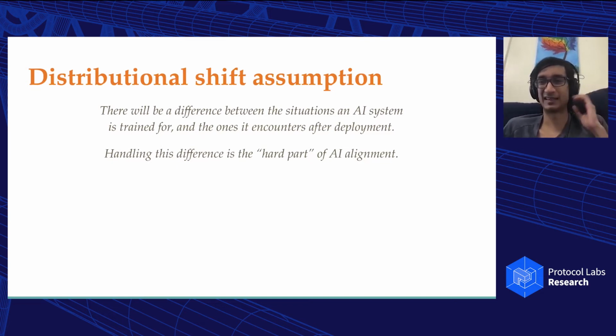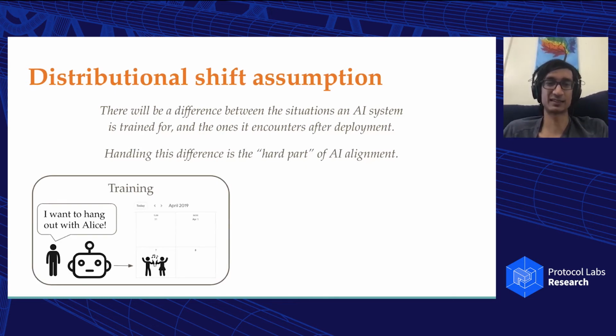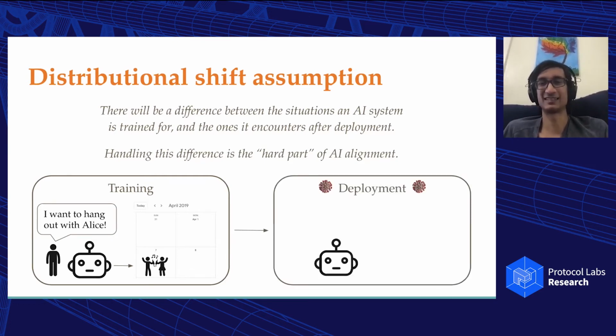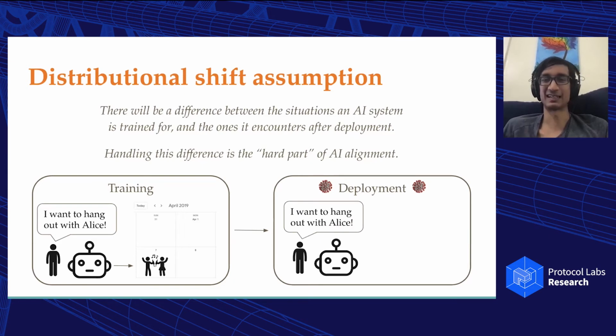So the example to have in mind, whenever I'm talking about this, is our scheduling assistant. This is just a copy of what was on the previous slide. It was trained this way, and then at deployment, it turns out a pandemic hit. Sad. And then when Bob says, I want to hang out with Alice, he presumably means I want to have a video call with Alice, or something like that.